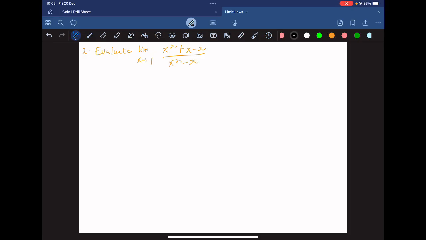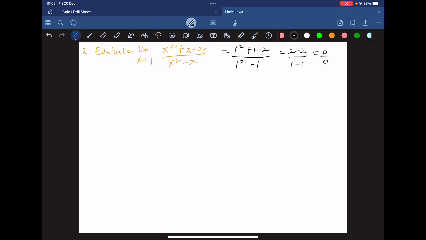In this case, the first thing to do, remember, is always put in the limit value, right? So now, since x is approaching 1, put inside 1. If we do that, we get 1 squared plus 1 minus 2 out of 1 squared minus 1, which is 2 minus 2 over 1 minus 1, which is 0 over 0.